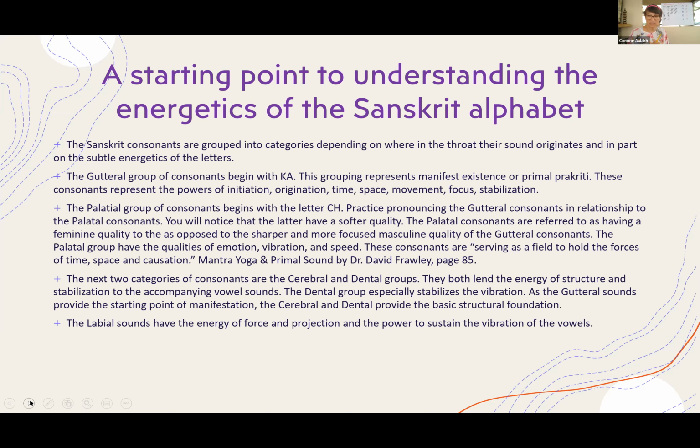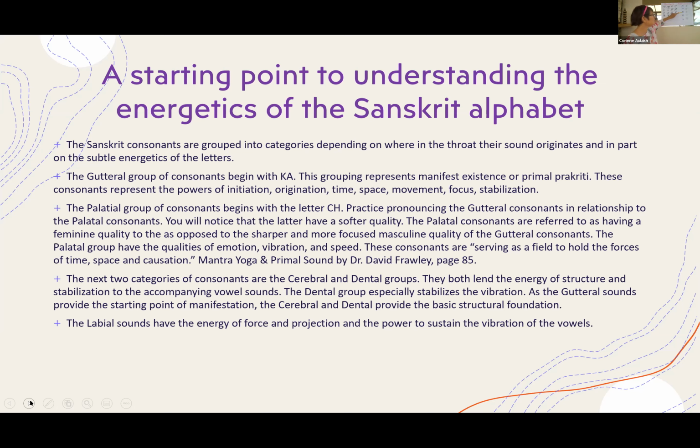So if you look at the David Frawley books, he gives a much more expansive description of what I just said on page 85. So remember, consonants are really holding the space within which the vowels vibrate. And the palatal do it in more of a feminine quality. They hold that space and they imbibe it with emotion and vibration and speed.